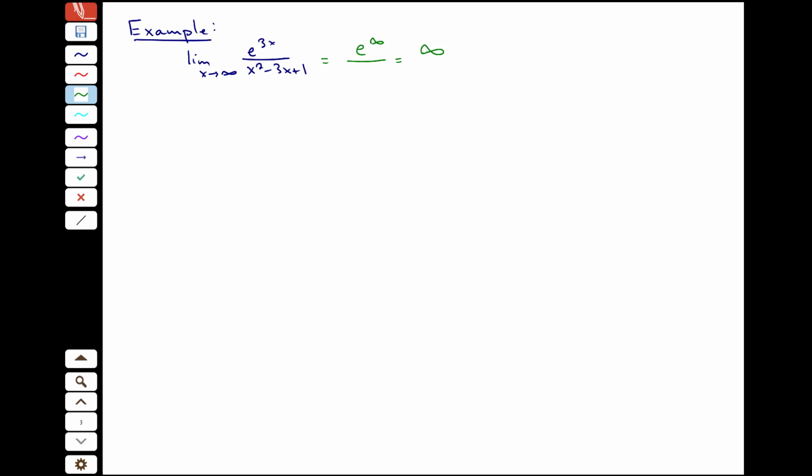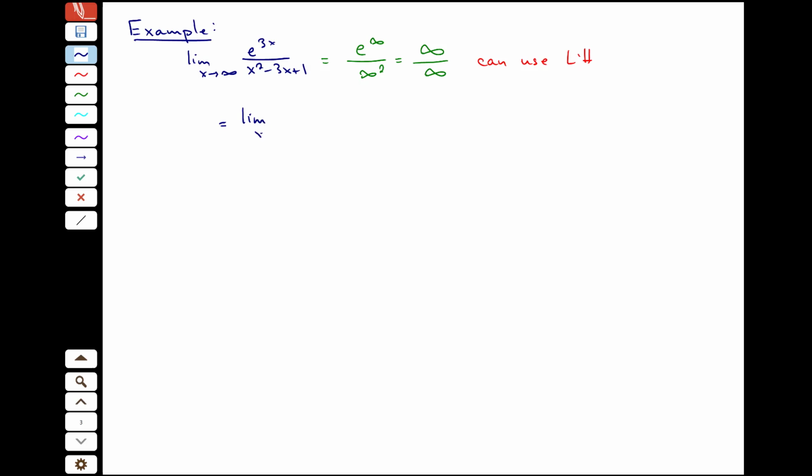So if we look at the leading term, if we just look at that x squared, that's going to take over. So in the denominator, we also just get infinity. So again, this is one of the forms where we can use L'Hopital's rule. And so we apply it.